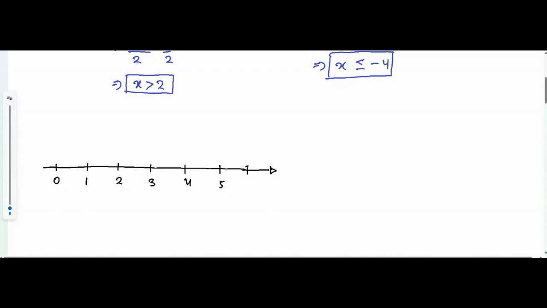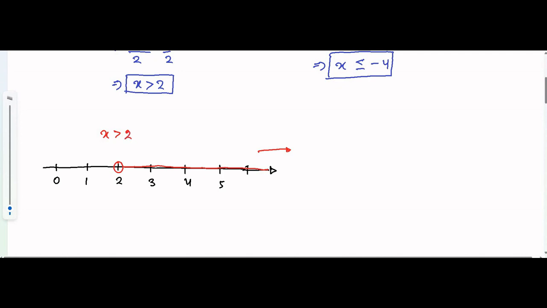Here it is a strict inequality, greater than 2, so the solution should be greater than 2. So we will highlight the point 2 with a hollow circle, because it is not part of the solution. Every other real number greater than 2 is part of the solution, so that is represented by a solid line which goes to the right of 2 and goes on and on. This is x greater than 2.